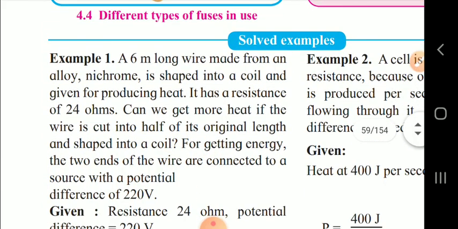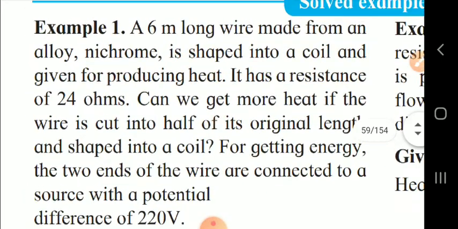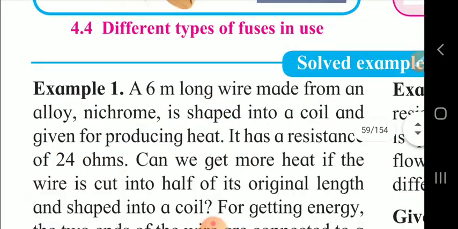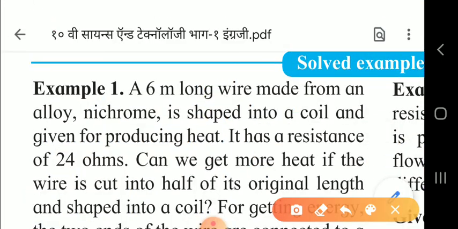We'll see the first example. Example 1. A 6-meter long wire made from alloy nichrome is shaped into a coil and given for producing heat. It has a resistance of 24 ohms.